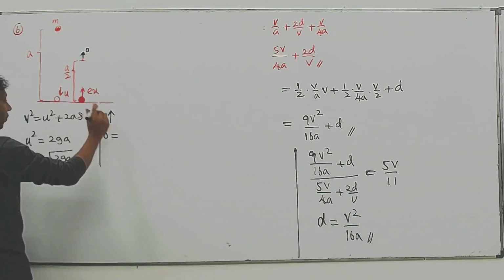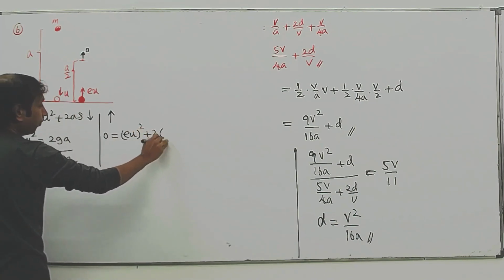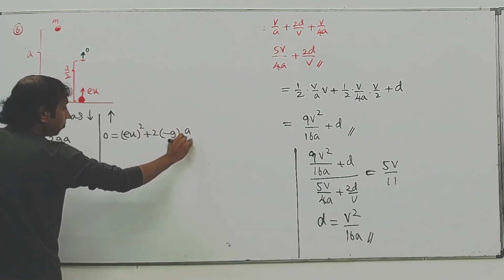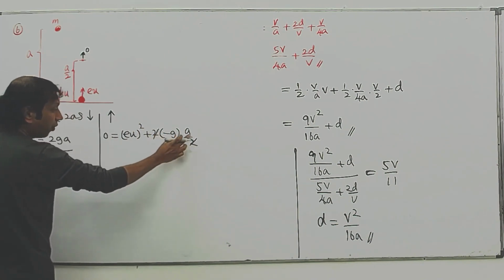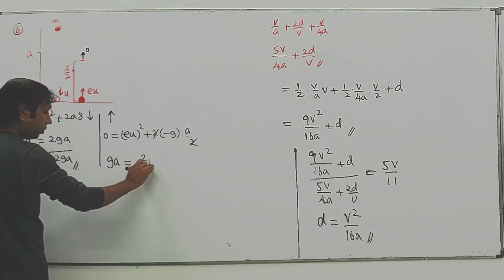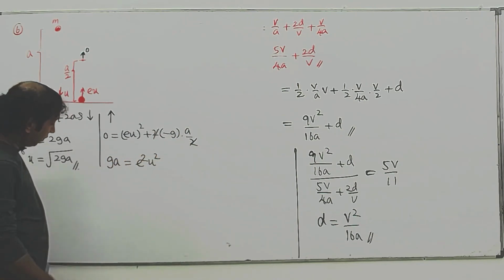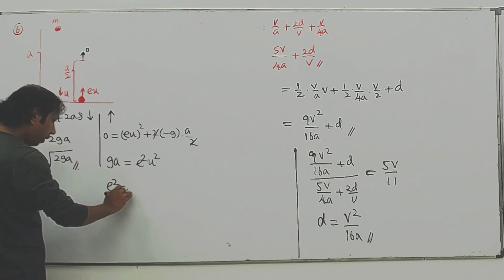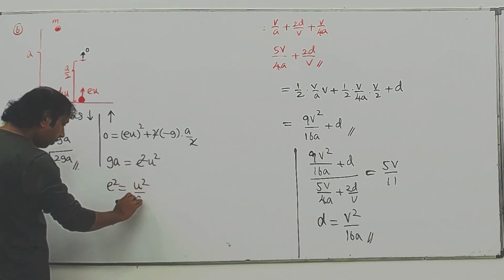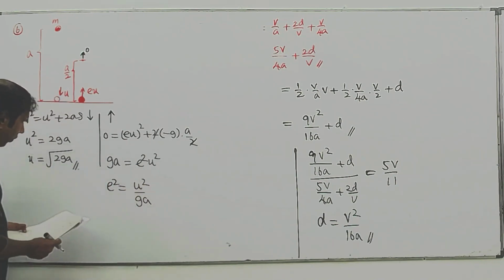Then 0 equals (eu) squared plus 2 times minus g times a by 2. This and this cancel, bringing it to this side, we get ga equals e squared u squared. Now we can write e squared as ga over u squared.